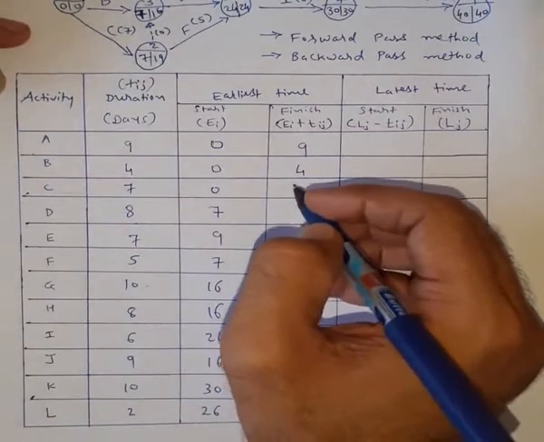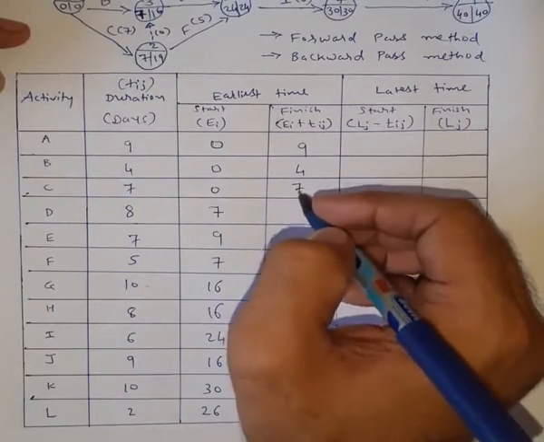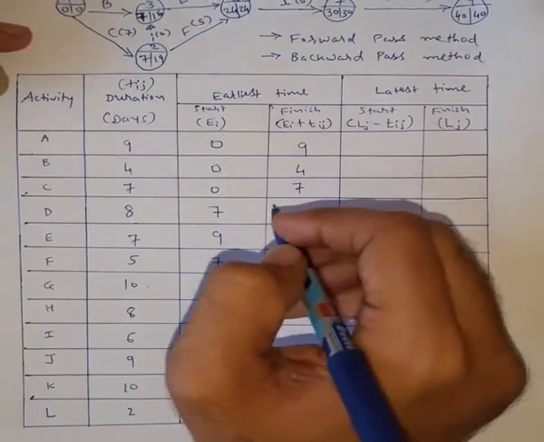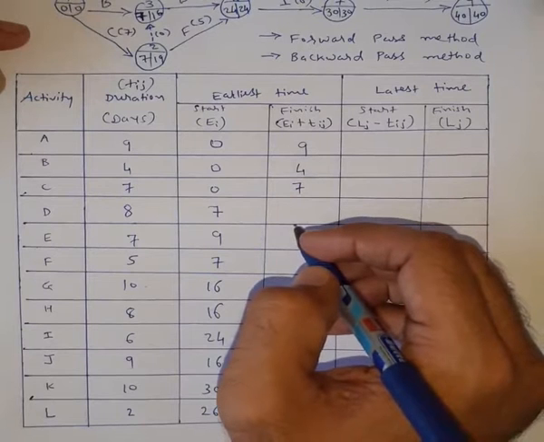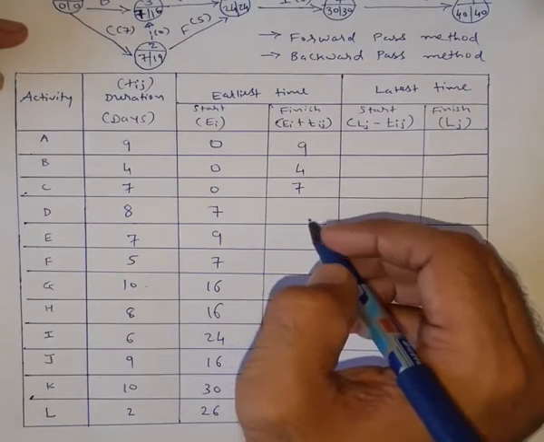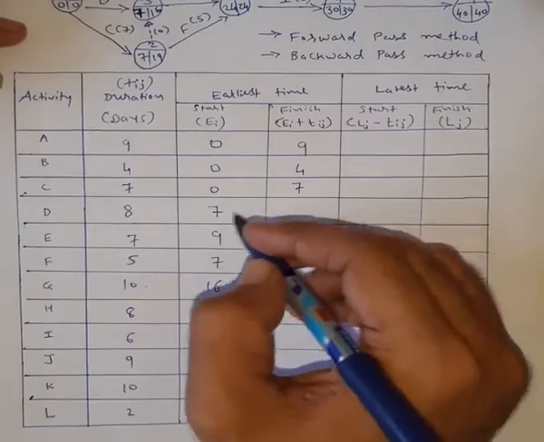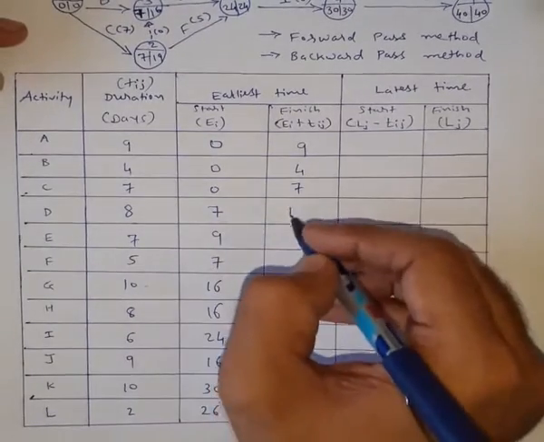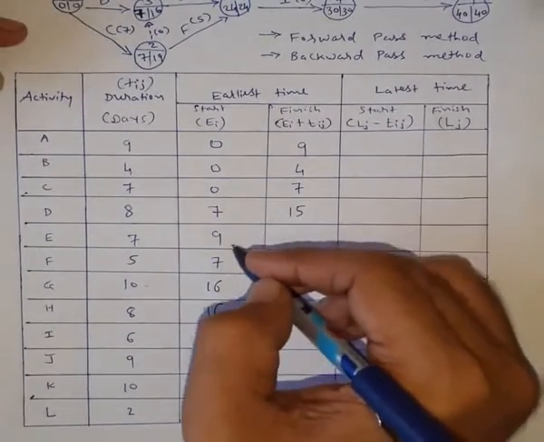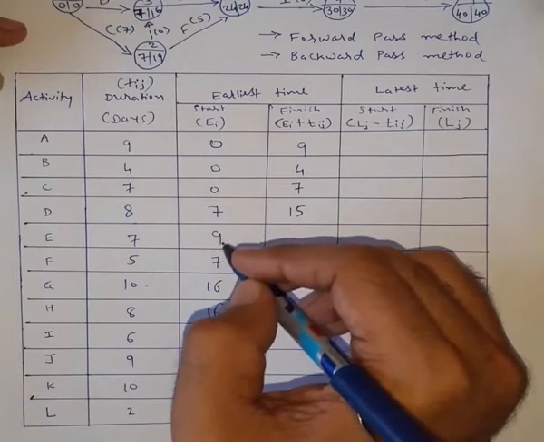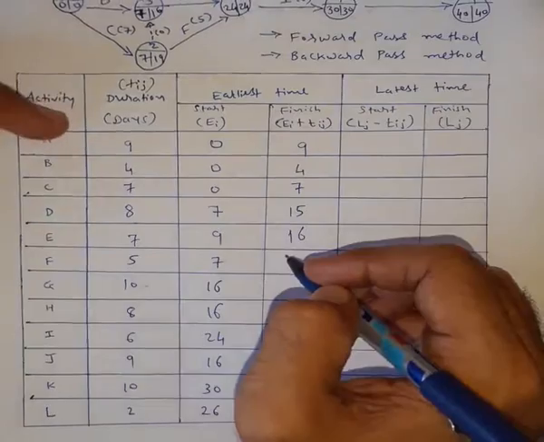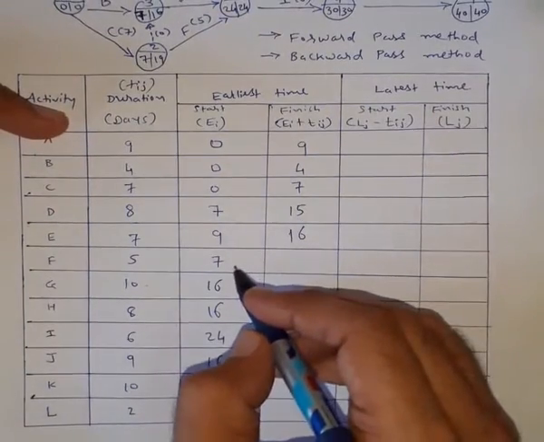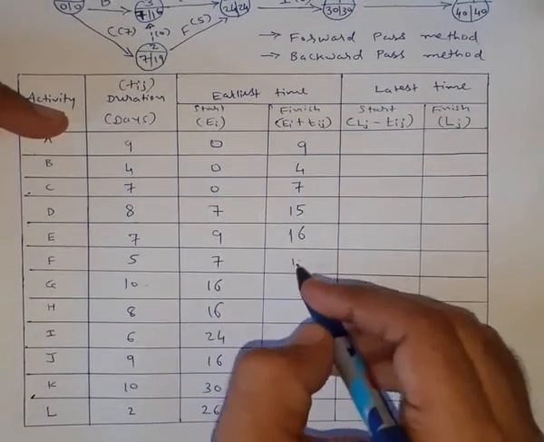For activity C, it is 7. For activity D, EI plus TIJ, it is 15. Activity E, EI is 9 plus TIJ, that is 16. Similarly for activity F, EI is 7 and TIJ is 5, so 7 plus 5 is 12.